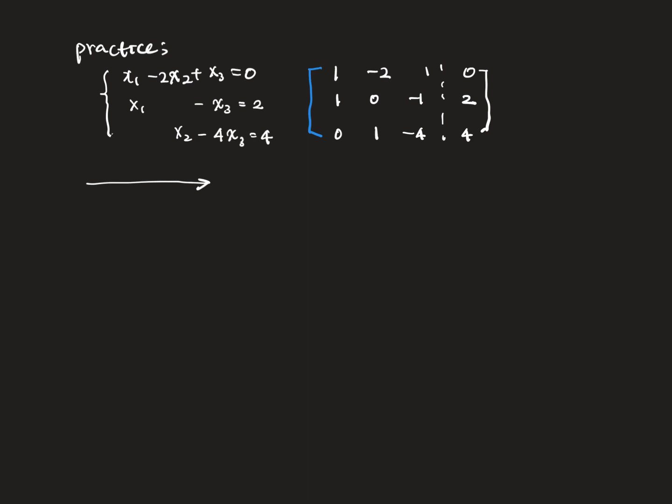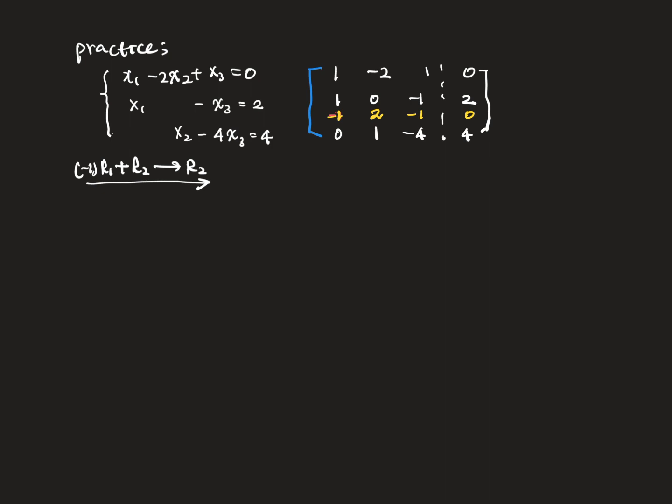We are not doing the full Gaussian elimination. We're just going to do the Gaussian elimination much shorter, okay? So the first thing is you make this one 0. You need negative 1, right? So using the first row, you do negative 1 R1 plus R2, and that's going to be R2. So R1 times negative 1 is negative 1, 2, negative 1, and 0.